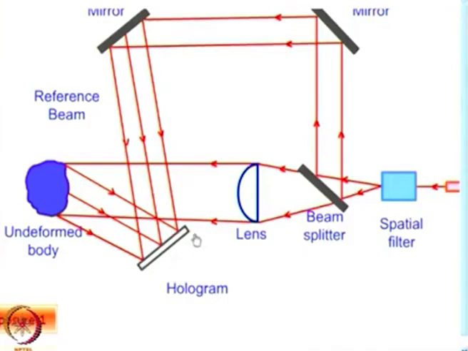If I record this as a hologram, develop it and then reconstruct it, I will see the 3-dimensional object. Here I am not interested in the metrology of the 3-dimensional object, not in depth measurement or shape measurement of that object. I am interested in what deformation is introduced in the model because of loads applied. That is my interest.